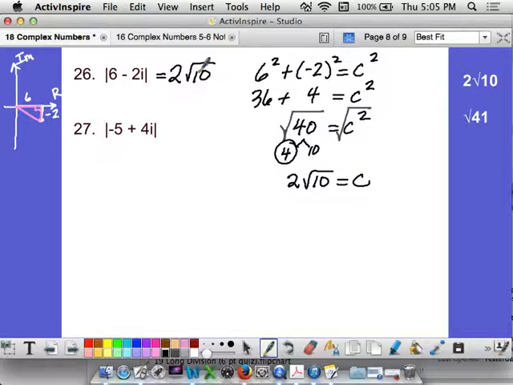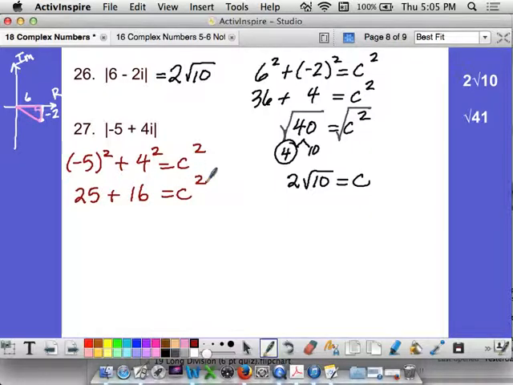Now, just looking at number 27, knowing that a is negative 5 and b is 4, in a plus bi, I'm just going to use the Pythagorean theorem. A squared plus b squared is equal to c squared. So I have 25 plus 16 is equal to c squared.